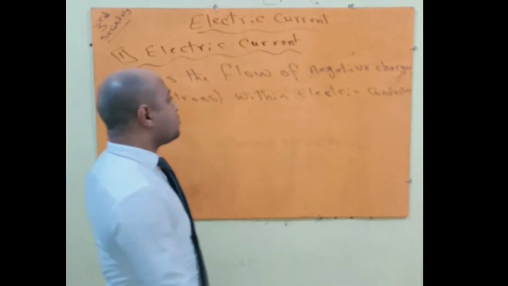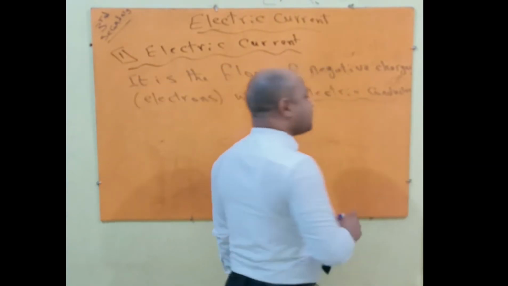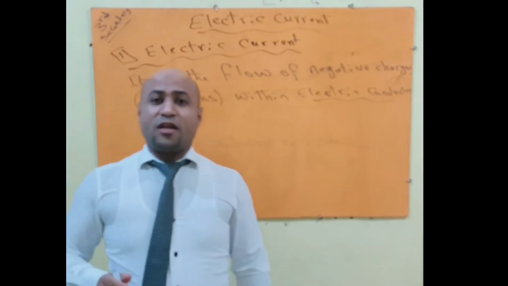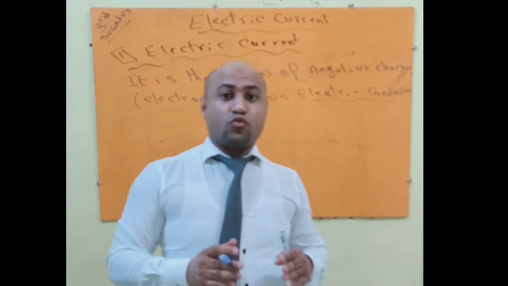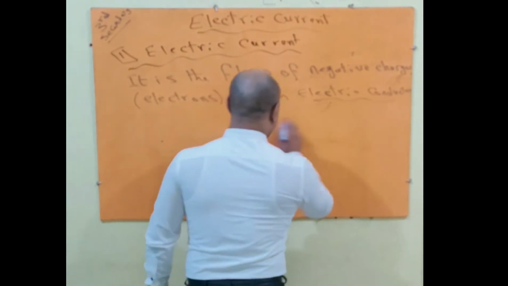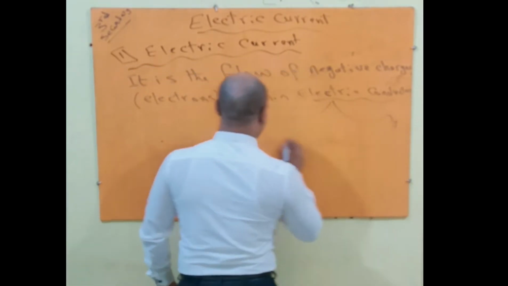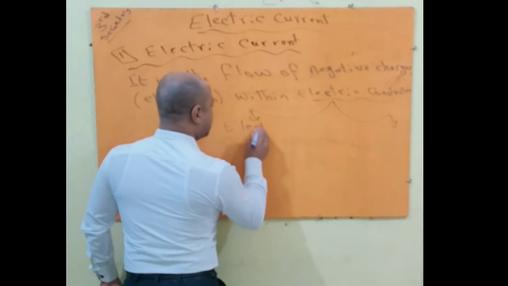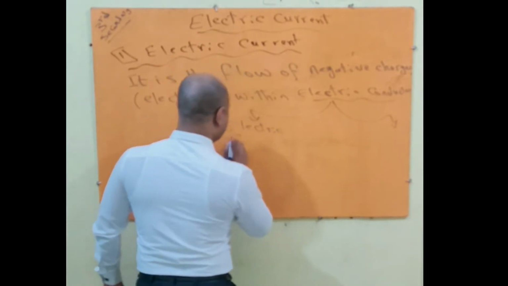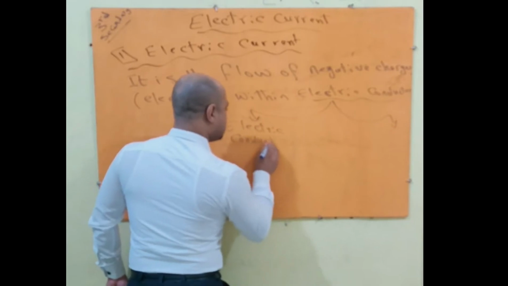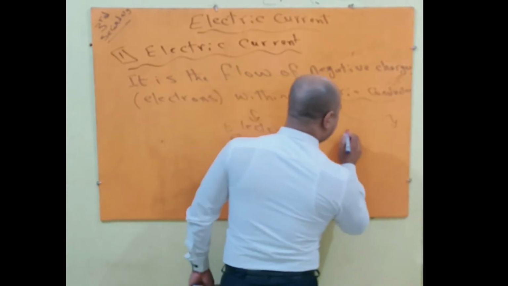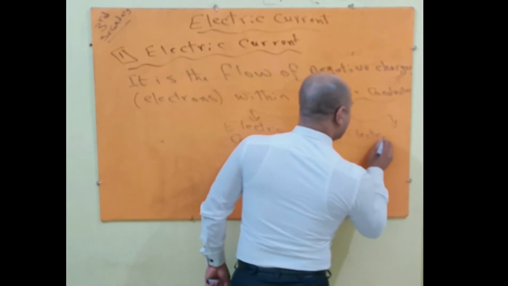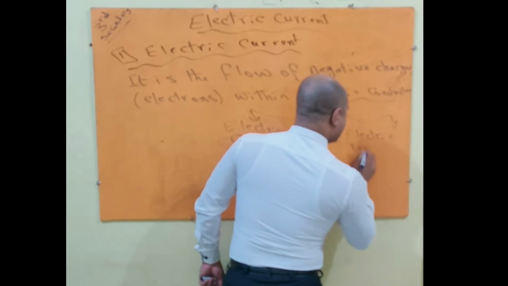Okay, what's meant by electric conductors? We have learned before that materials are classified into two main groups: electric conductors and electric insulators.